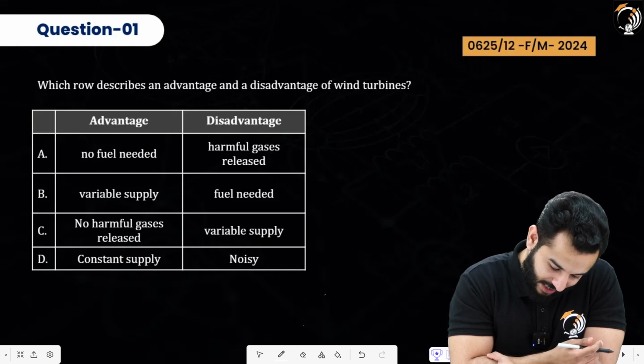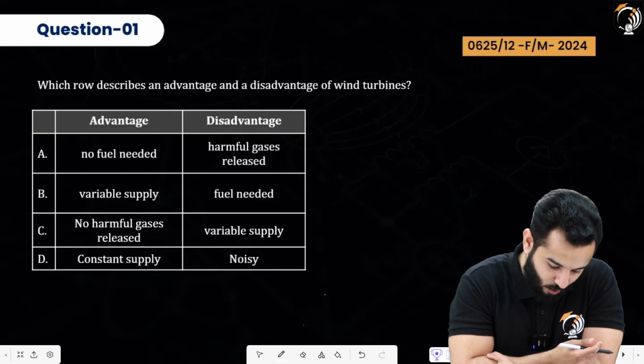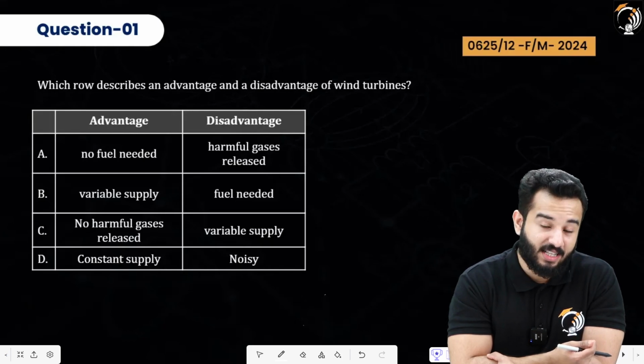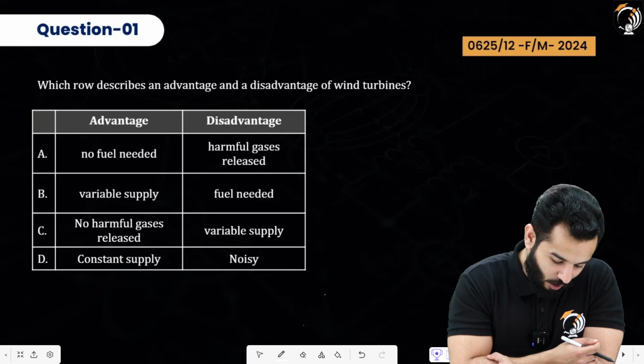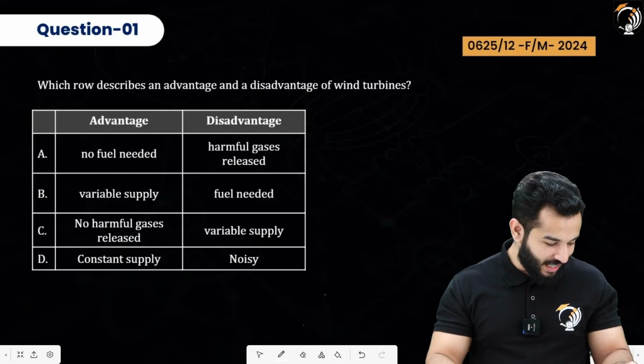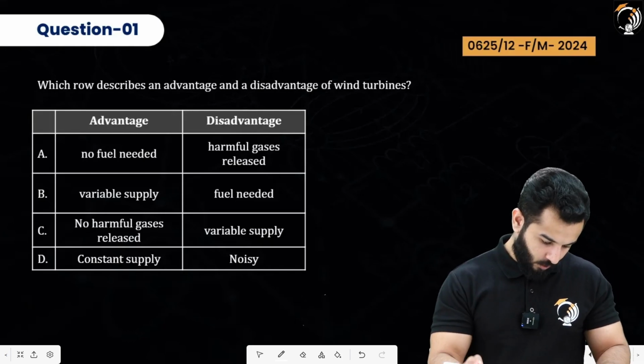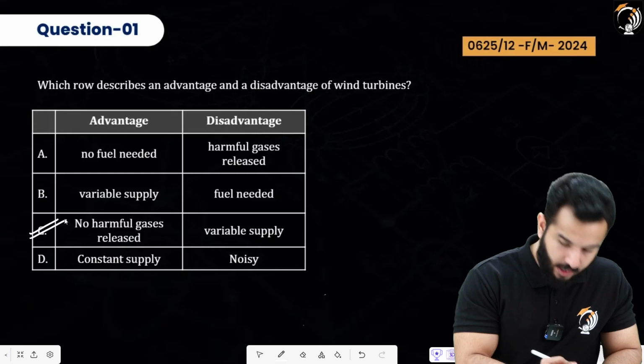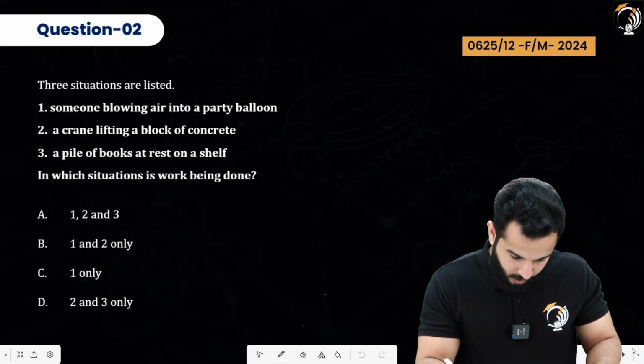No harmful gases released is actually an advantage. And variable supply means that yes, it's not necessary that it will always give you a fixed amount of energy, right? So I think C is going to be the correct answer. So we are going to mark C, and let's move to the next one.